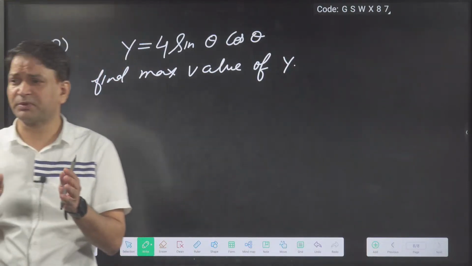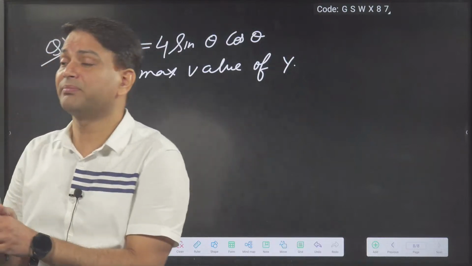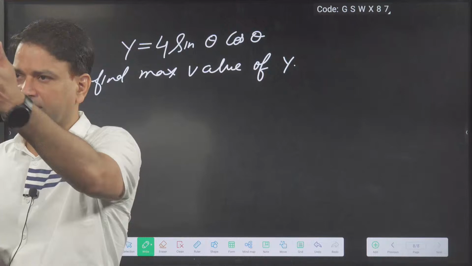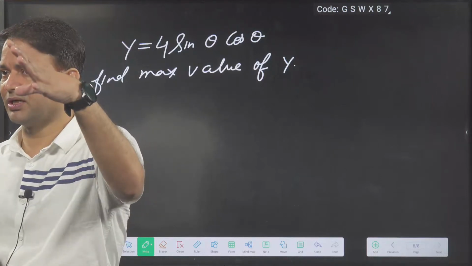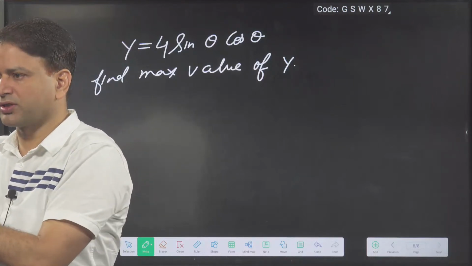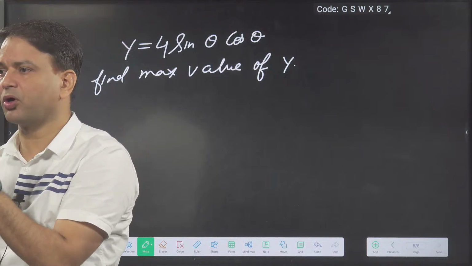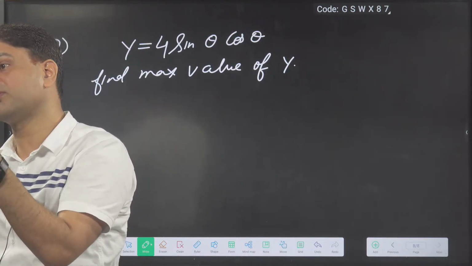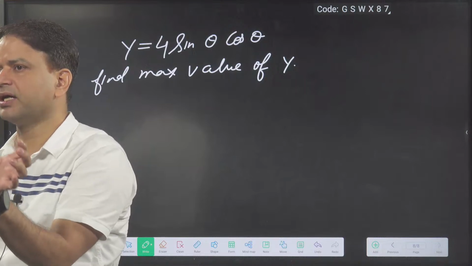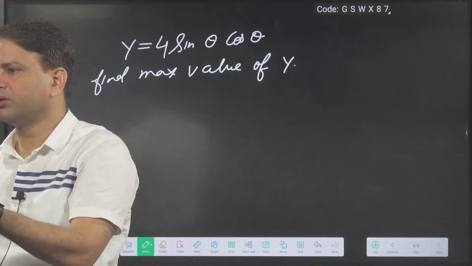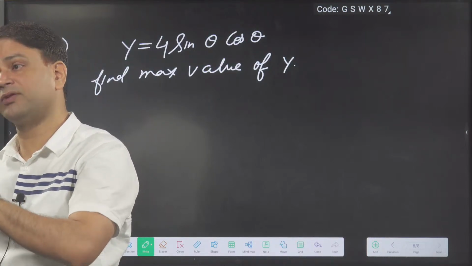So this type of expression, when you see sine theta and cos theta coming together, maybe in the product, like in the multiplication, maybe in the summation, then there are certain rules. Like when we see sine theta and cos theta coming in the product, then we have to think of the formula of sine 2 theta. If sine theta cos theta is coming in the product and we require maximum or minimum value, then we will think of the formula of sine 2 theta.